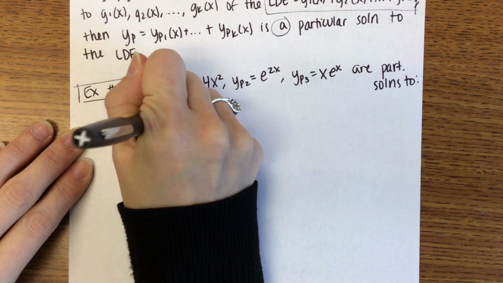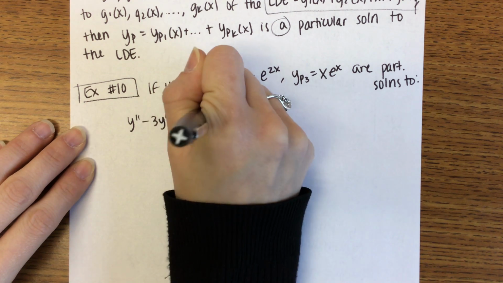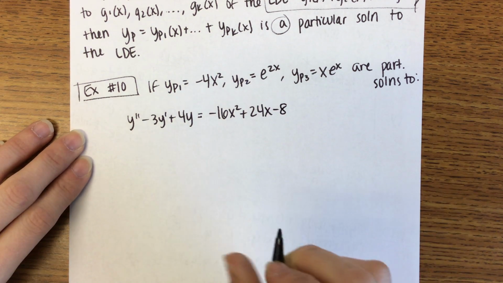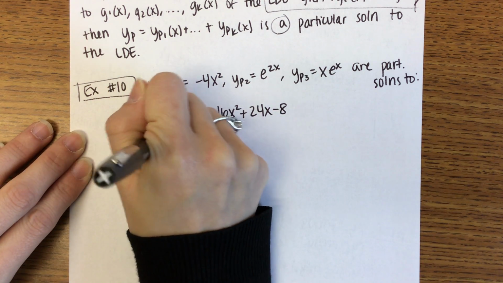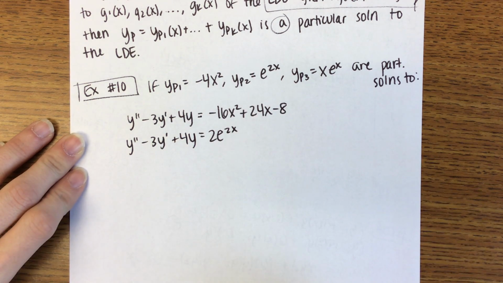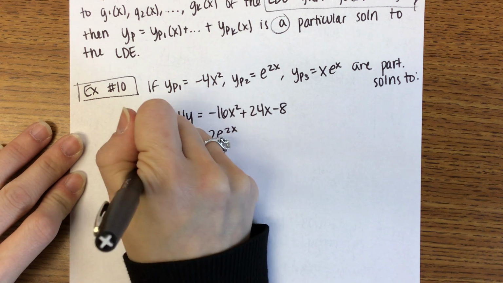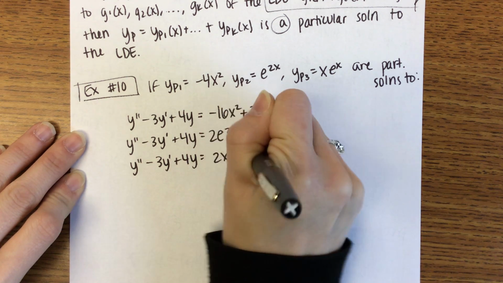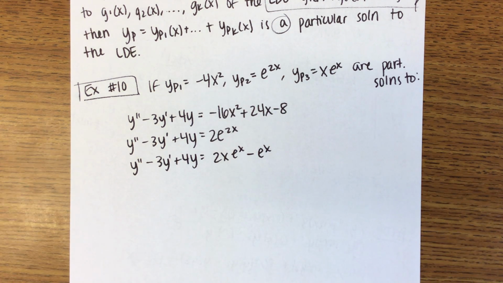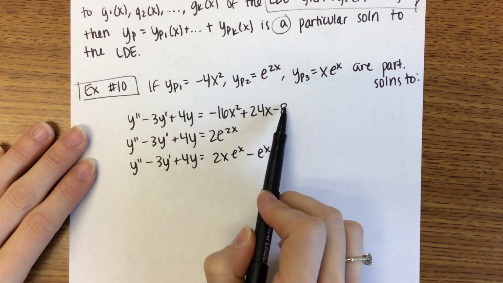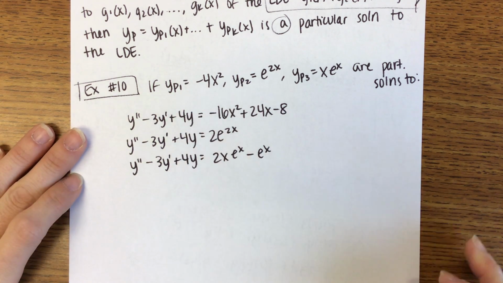We have y double prime minus 3y prime plus 4y is equal to negative 16x squared plus 24x minus 8. Then we have y double prime minus 3y prime plus 4y is equal to 2e to the 2x. And then we have y double prime minus 3y prime plus 4y is equal to 2x e to the x minus e to the x. So this is a particular solution to the first equation, this is a particular solution to the second one, and then the third.